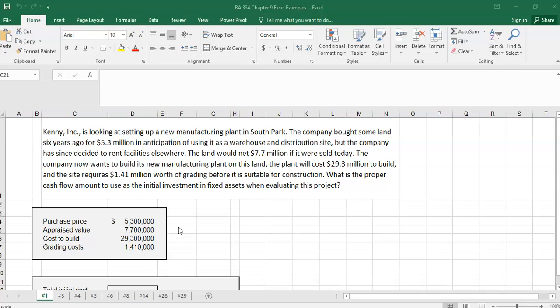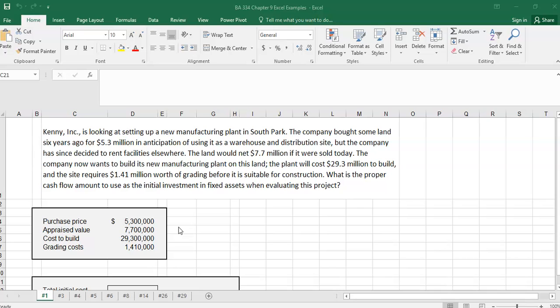So that would be considered a sunk cost. However, the appraised price, the $7.7 million, that's an opportunity cost because that's money we're giving up if we decide to build on and use the land. We're losing that opportunity to sell the land for $7.7 million.